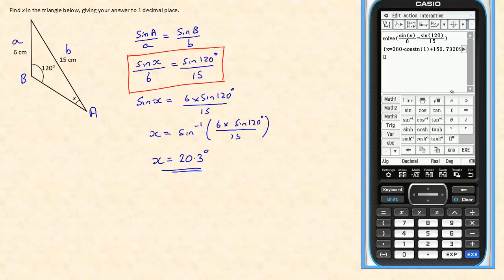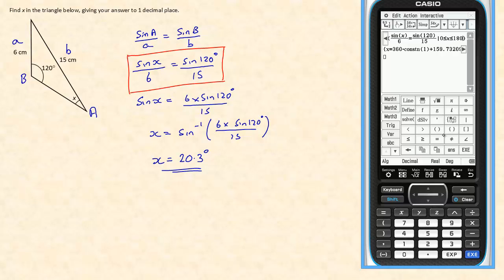Now one thing that we can do here to get an answer that's only in that range is to use this line here, which means given, and then we can say naught is less than or equal to x, which is less than or equal to 180.